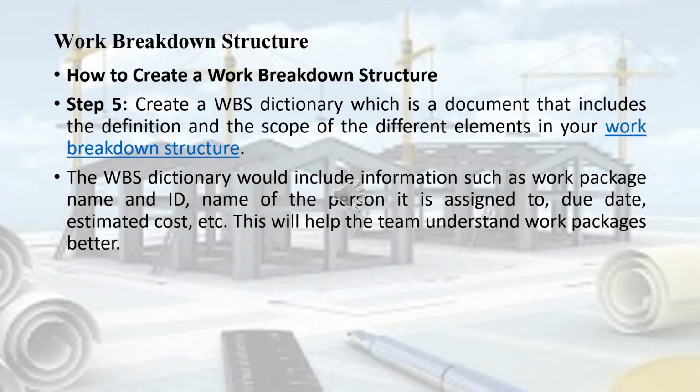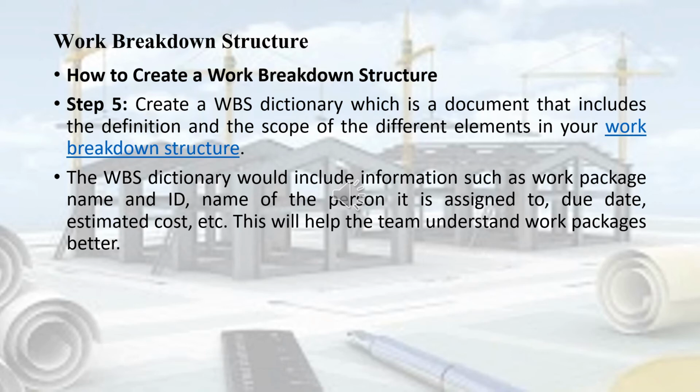Now, step 5 is where you have to create a work breakdown structure dictionary. What it is all about is basically a document that includes the definition and scope of the different elements related to your work breakdown structure. In that particular dictionary, things to be included are the work package name.